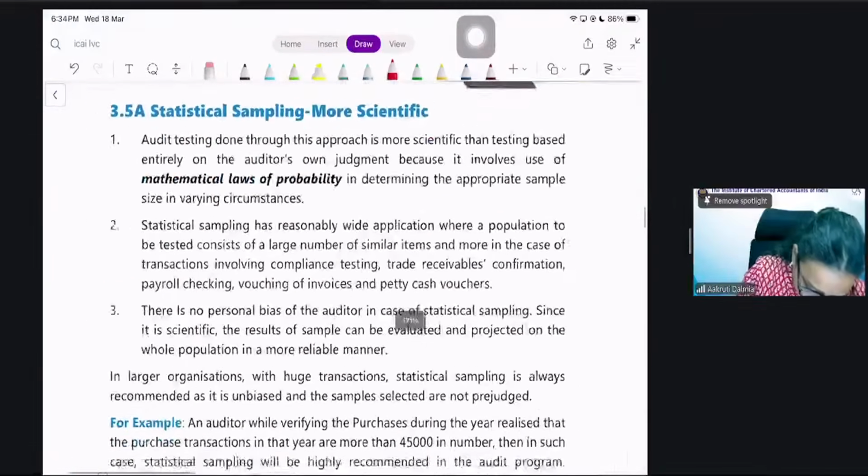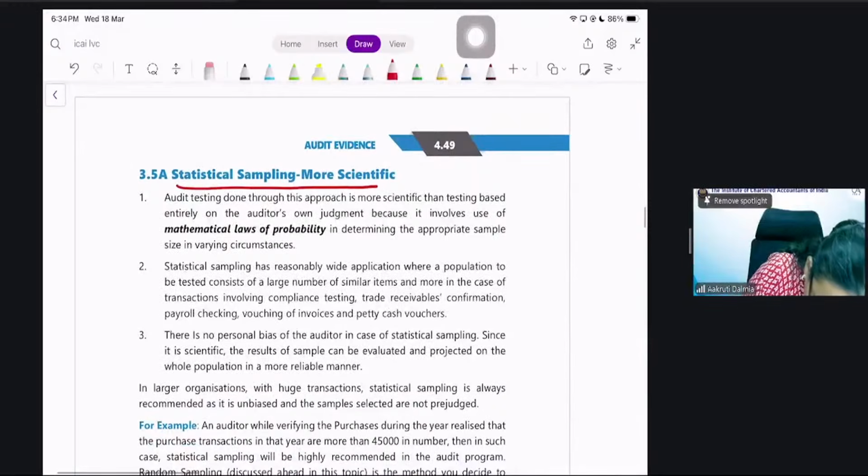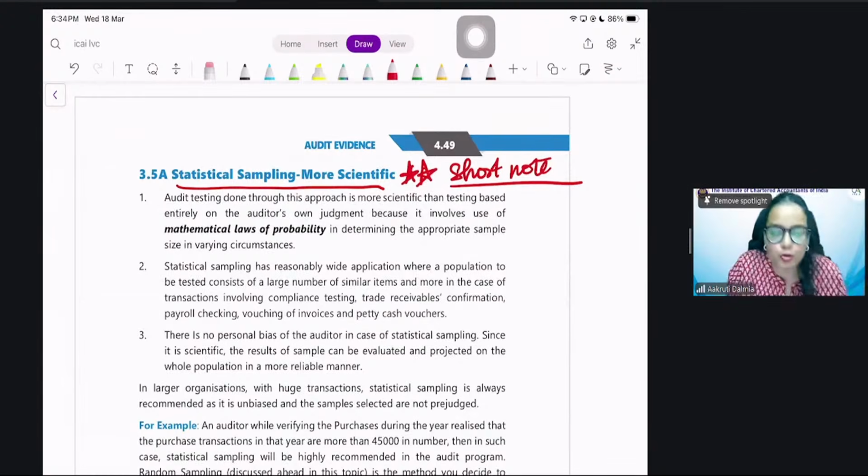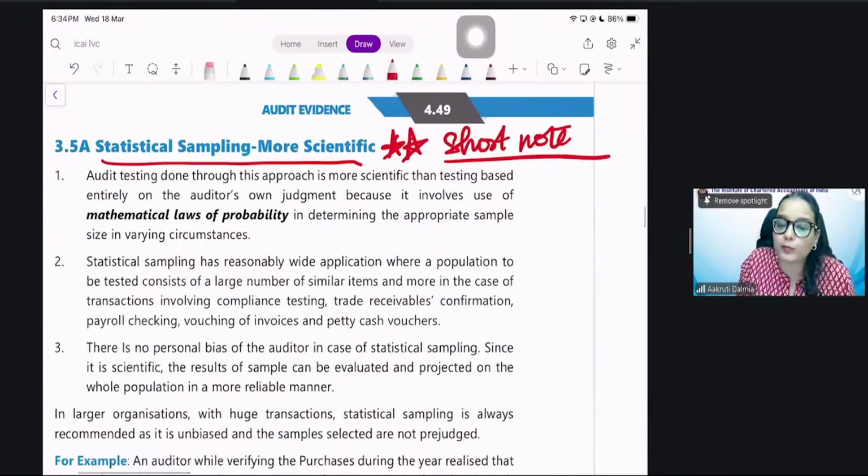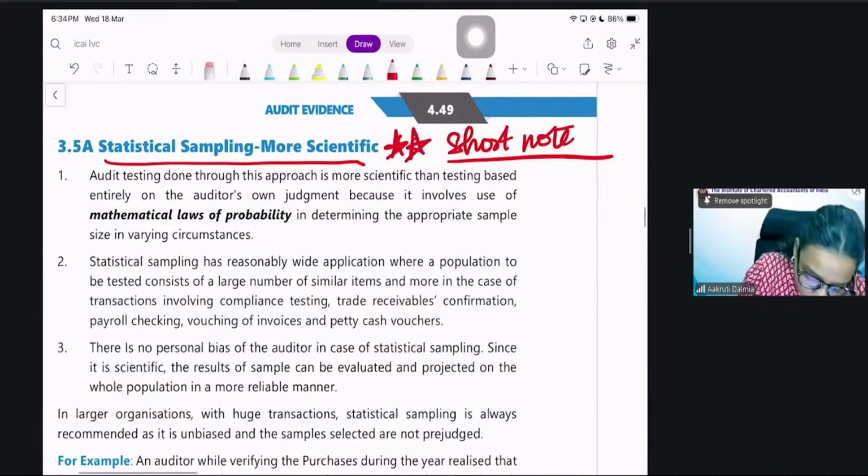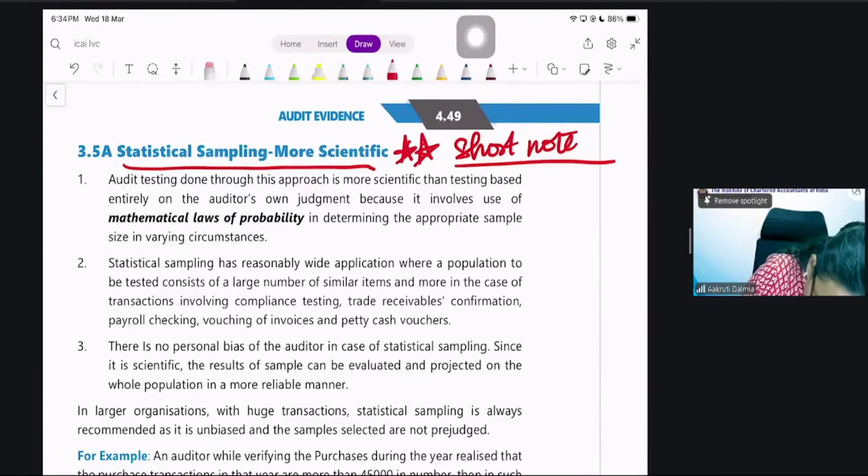Statistical sampling is more scientific. Please mark as important for short note. This usually can come as a short note. So statistical sampling is more scientific, because it is more scientific than on the basis of auditor's own judgment.